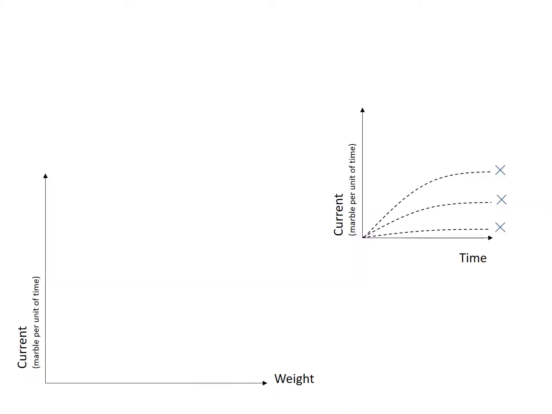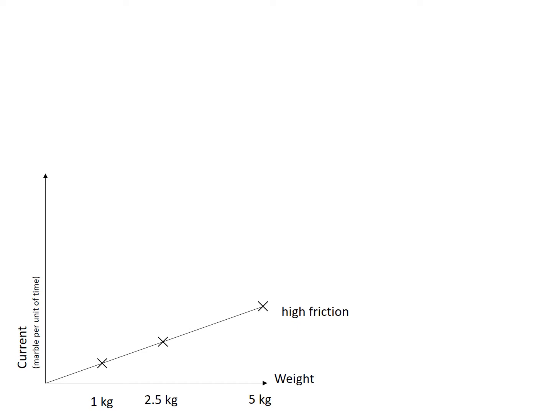What we do now is take these results and create a new graphic. In this graphic, we indicate the stabilized current value as a function of the weight. We place the 3 points on the graphic and connect them to get a straight line.